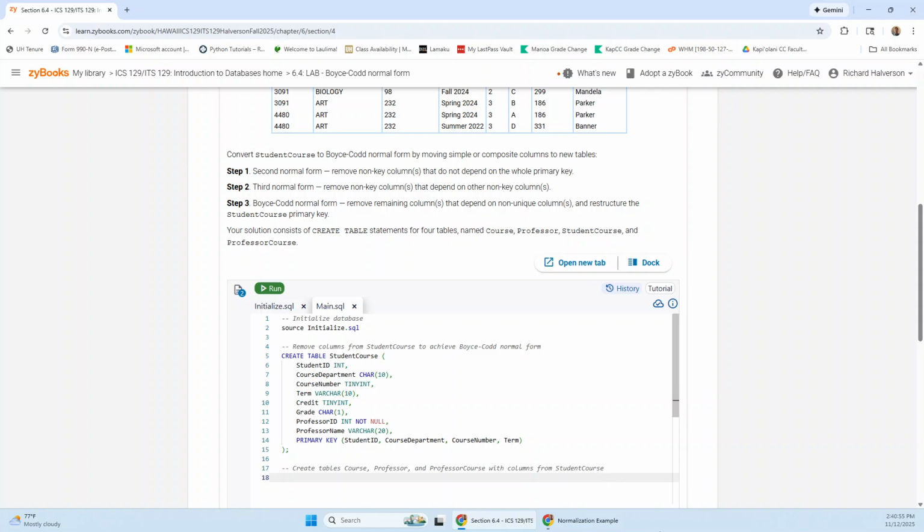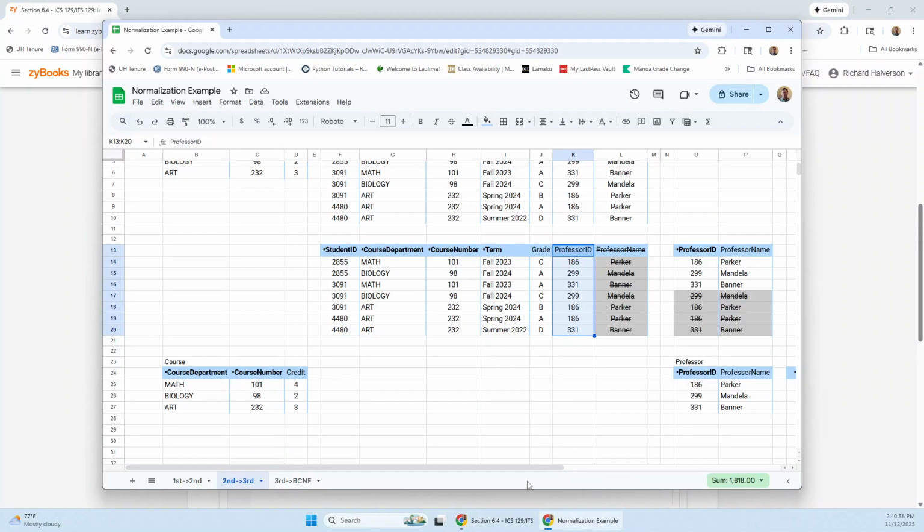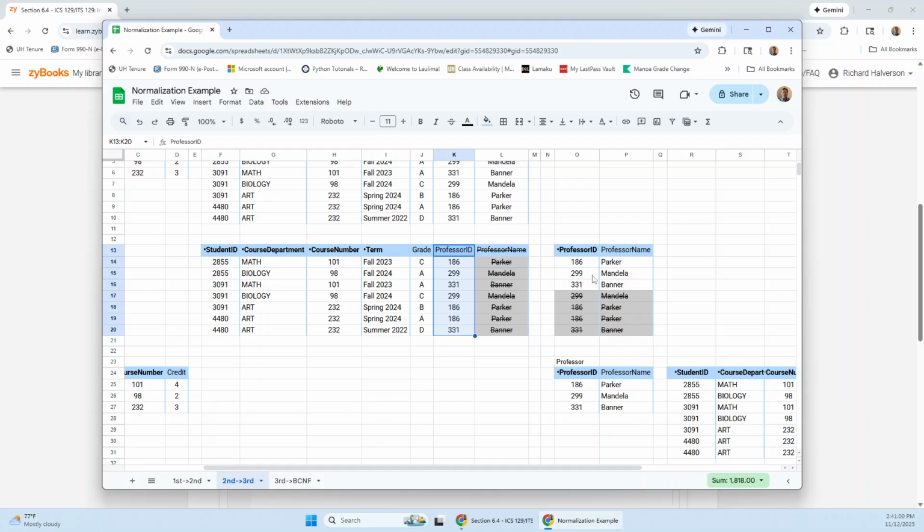So I'll create another table, the professor table, and the professor ID will be the primary key, and the professor name will be a non-key column that depends on the primary key. So by creating this table, we're able to remove this column.